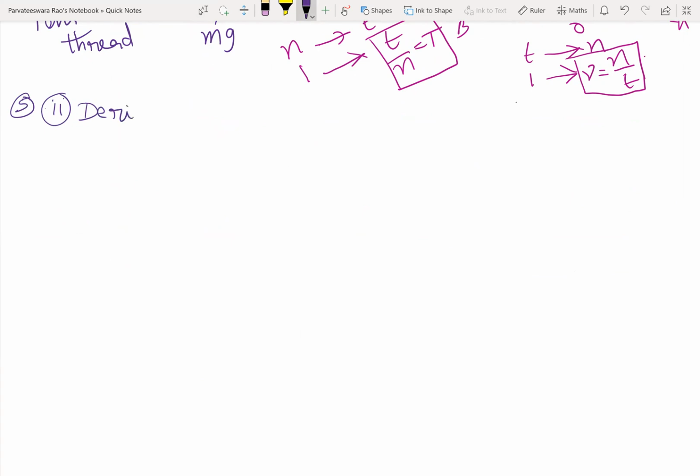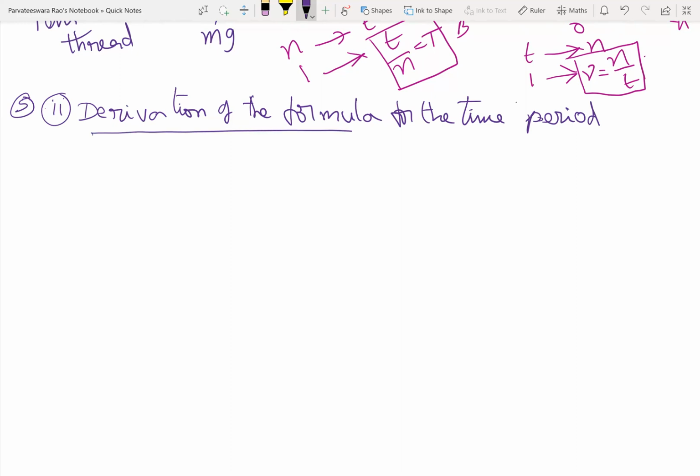Derivation of the formula for the time period. This is the point of support.